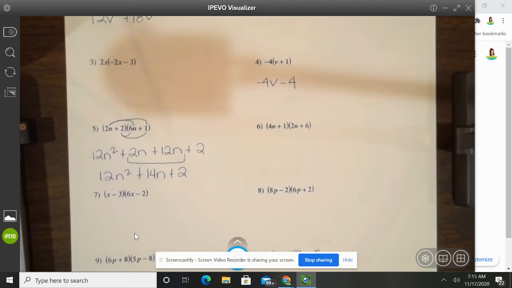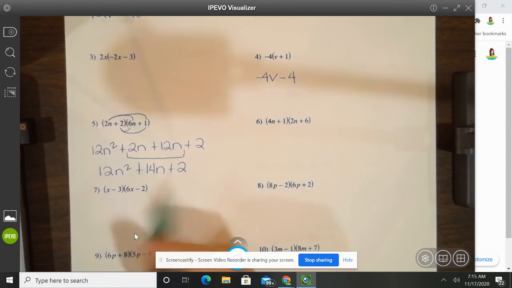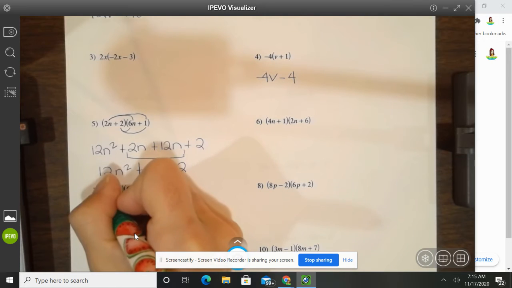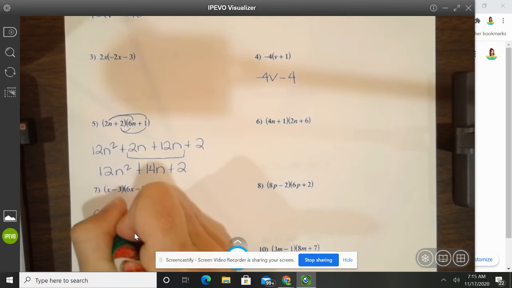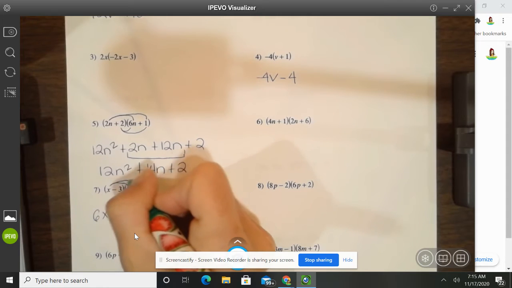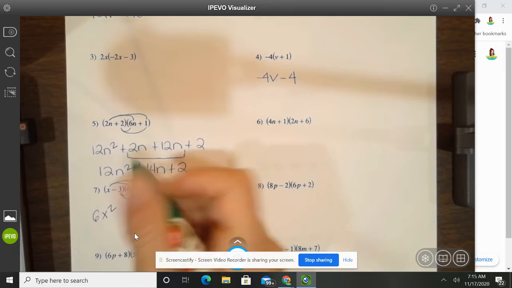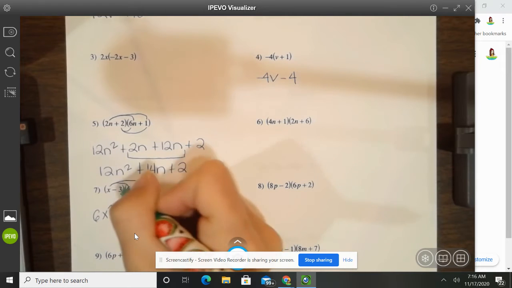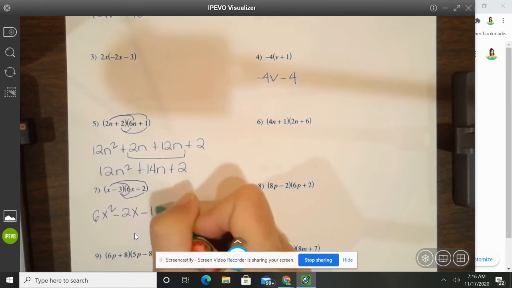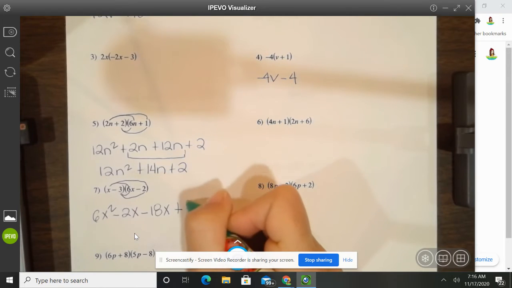All right, let's do another one. Let's do this one. We have x times 6x, so that's like a 1 here, right? So that's 6x squared, and then x times negative 2, so map it like that if it's easier to see it. That's negative 2x, that's negative 18x, and then that times that is positive 6.